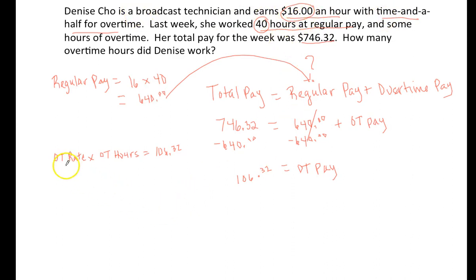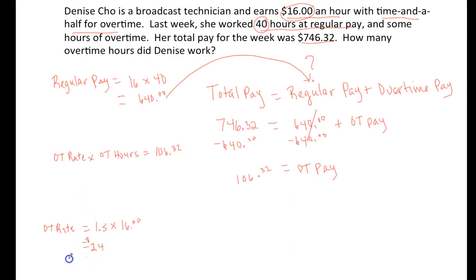So let's find our overtime rate. Again, I'm going to go over here somewhere on the side. Overtime rate is going to be time and a half, so 1.5 times the regular pay, which was $16. Okay, so her overtime rate is $24 an hour.